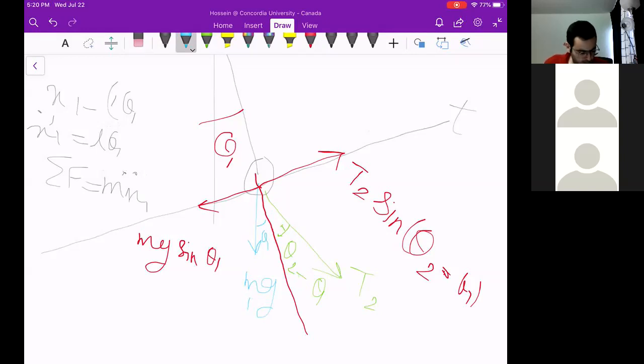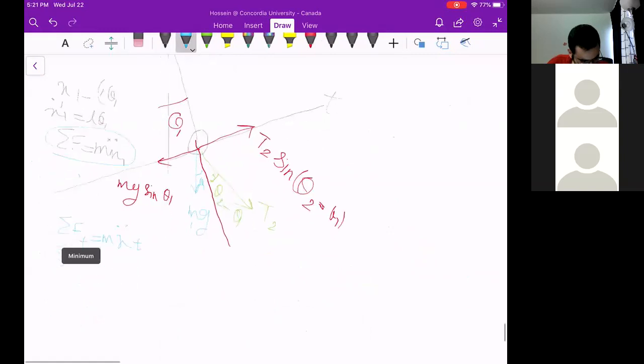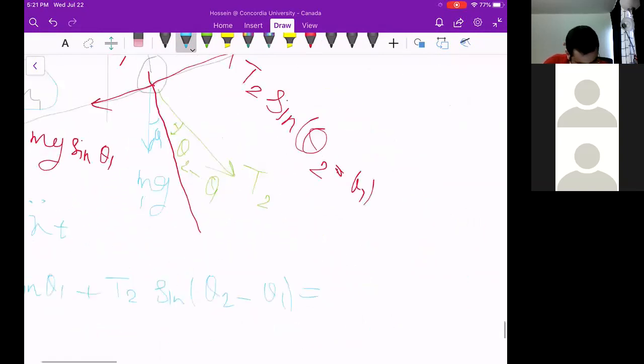So in the t direction, the summation of forces in the t direction, m x double dot t: minus mg sine of theta 1 plus T2 sine of theta 2 minus theta 1 is going to be m x double dot t.